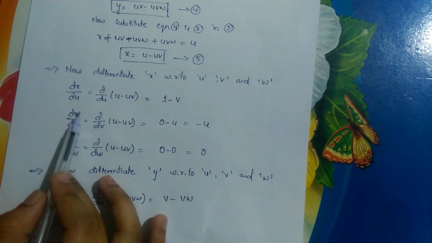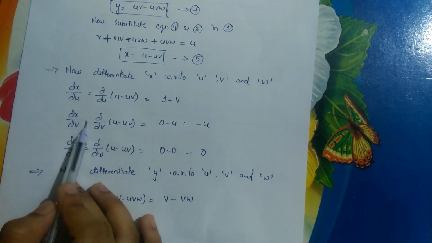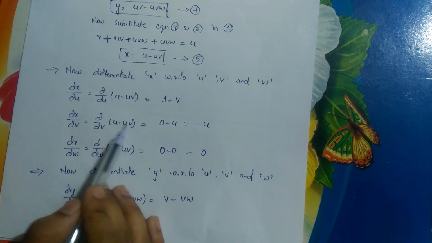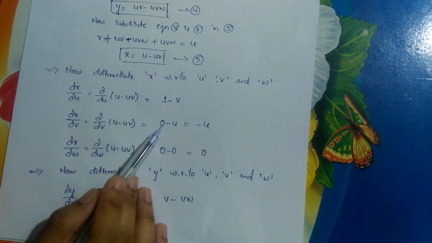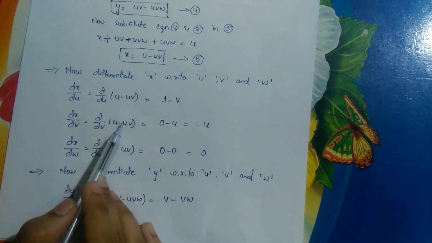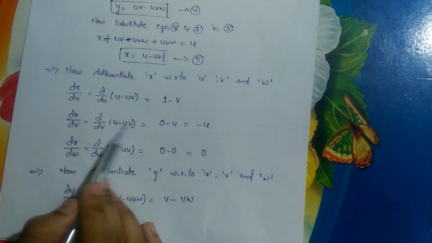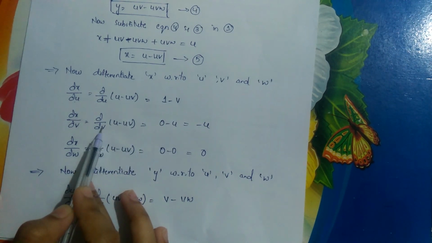Now similarly differentiate x with respect to v. That is ∂x/∂v equals ∂/∂v of u minus uv. Then u differentiated with respect to v is 0, and uv differentiated with respect to v, then u is treated as constant. So write u as it is, and v differentiated with respect to v is 1.